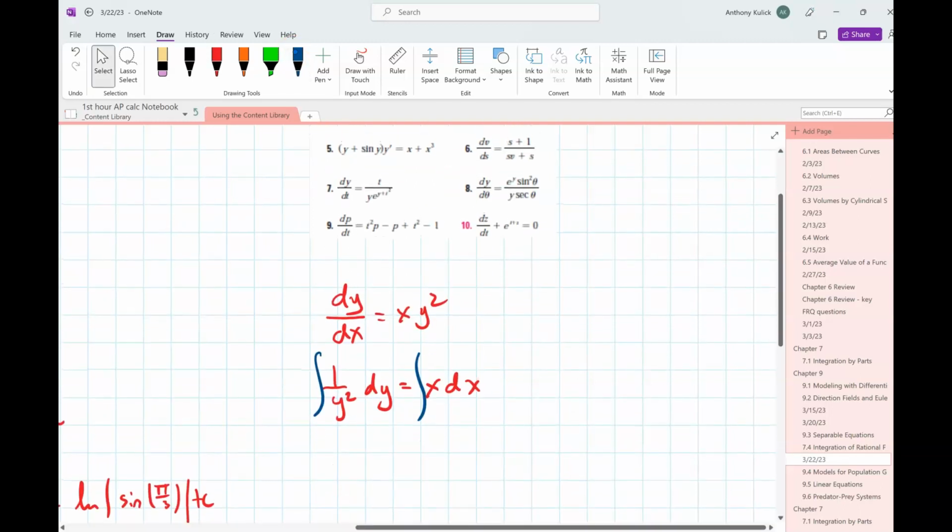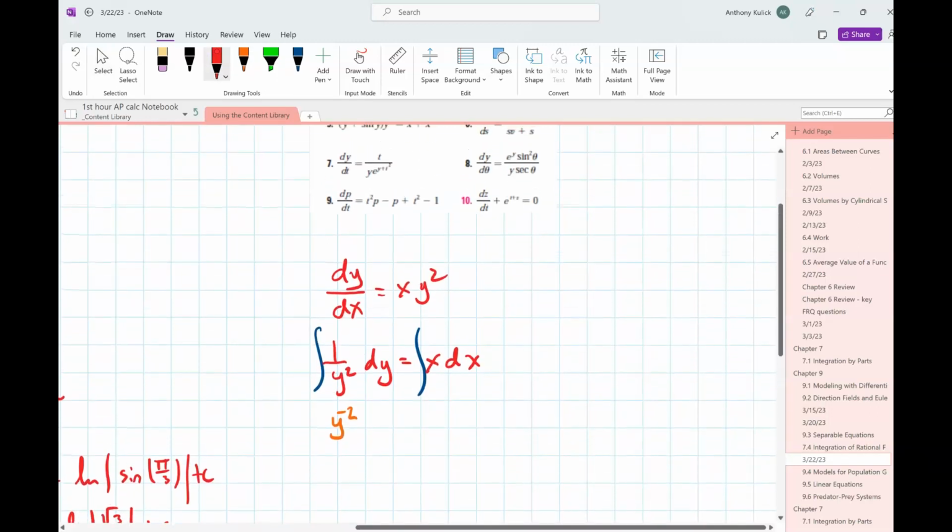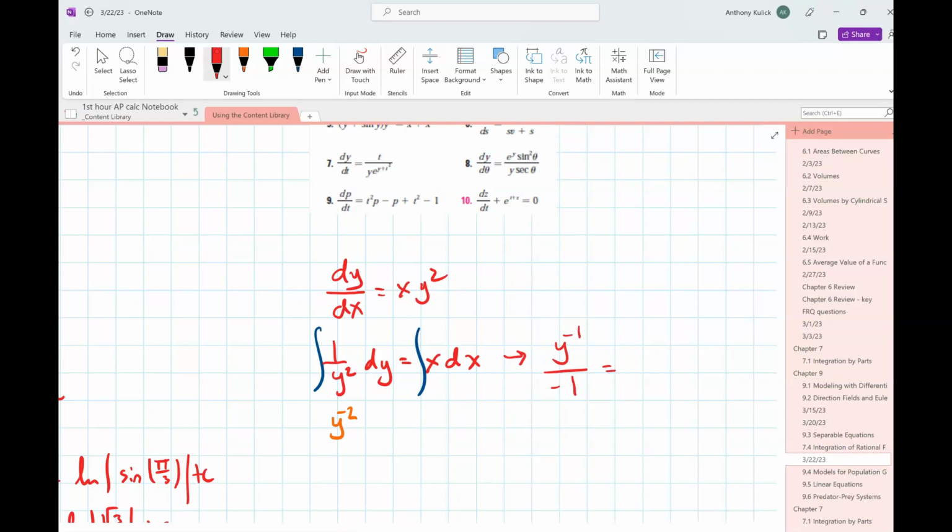We'll integrate both sides. I'm going to think of y squared as y to the negative 2. So when I do the antiderivative on that side, I end up with y to the negative 1 divided by negative 1. And the antiderivative of x is just going to be x squared over 2. And I have my plus c.